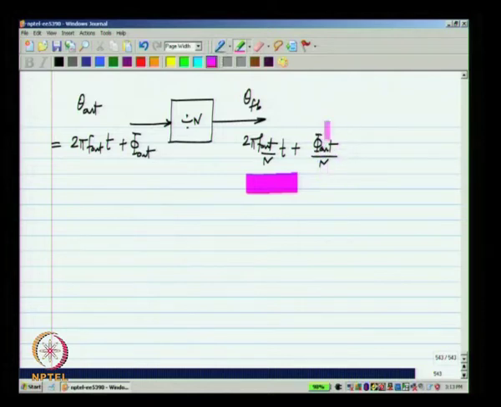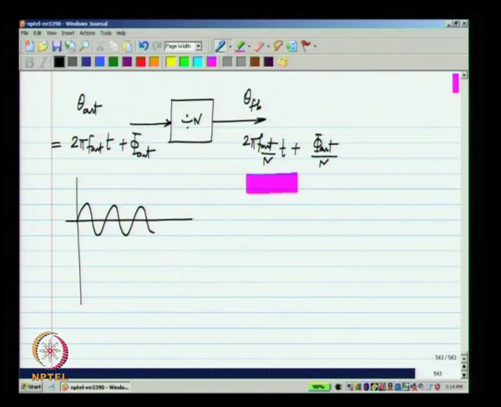and this part again must be quite clear, because imagine that the input is a sinusoid of this type, the output will be, let us say it is a divide by 2 counter.